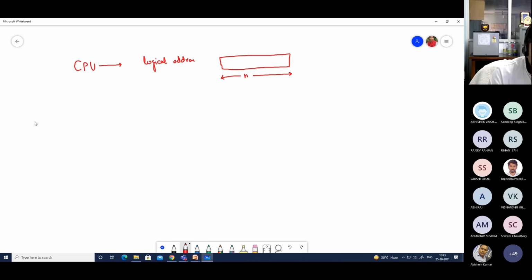Suppose the page size and frame size, whatever they are, can be represented by d bits. So within this logical address, this would be the d, and this p will be n minus d.